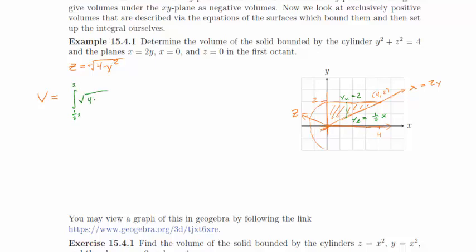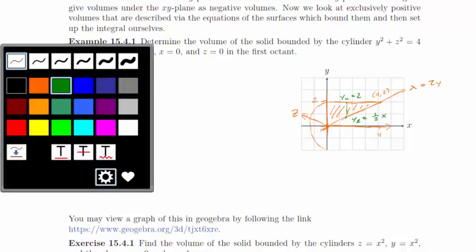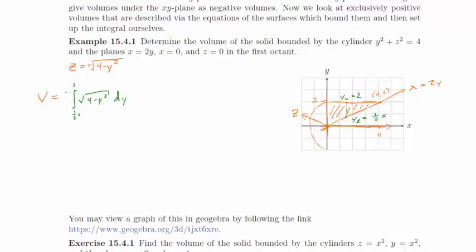Inside the integral, we have the square root of 4 minus y squared. We're integrating with respect to y first, and then with respect to x, going from x is 0 to x is 4.